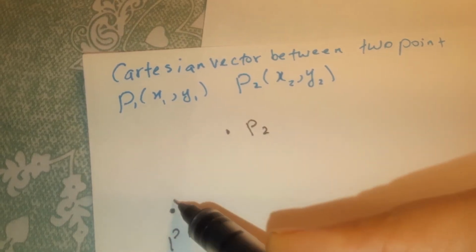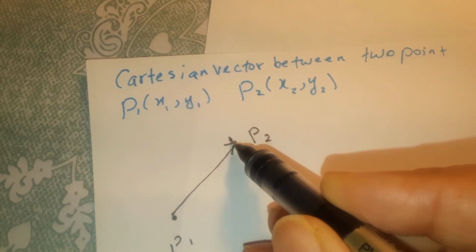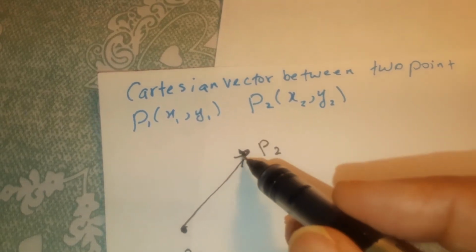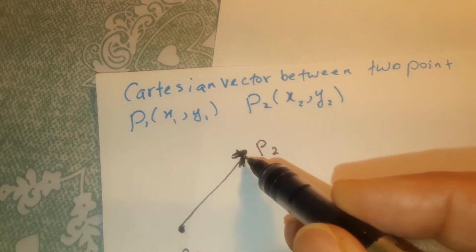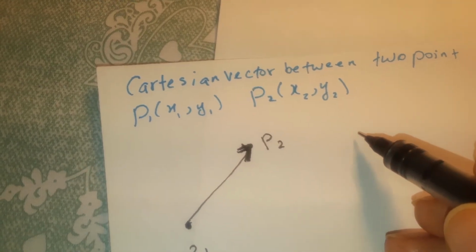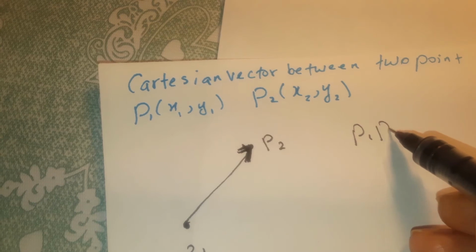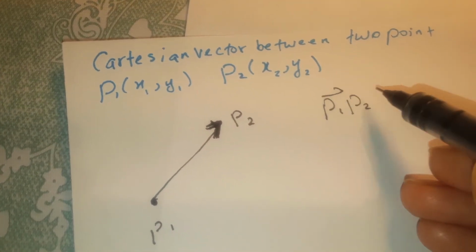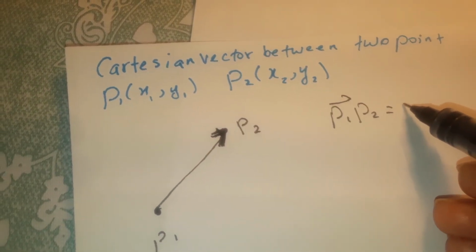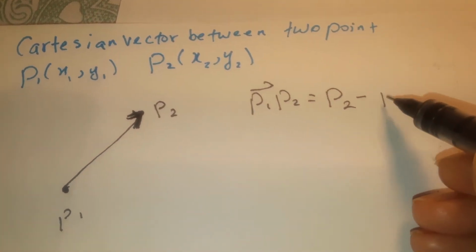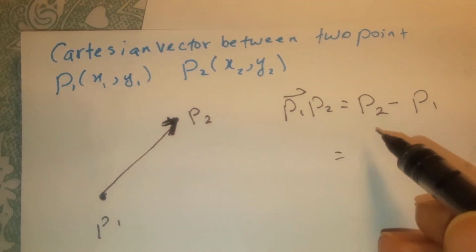From point 1 to point 2, I draw a vector. So how do I do that? When we're talking about the vector, P1P2 is my vector, and I put a vector sign above that. It is going to be P2 minus P1. Make sure this is P2.